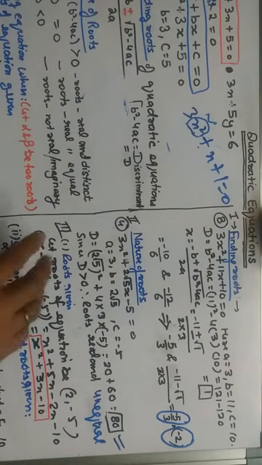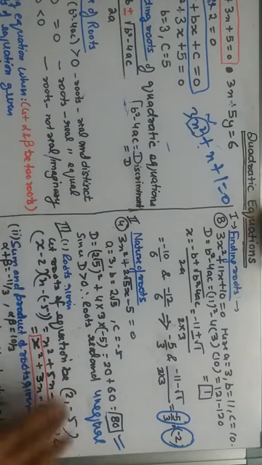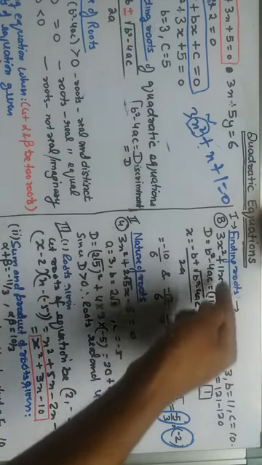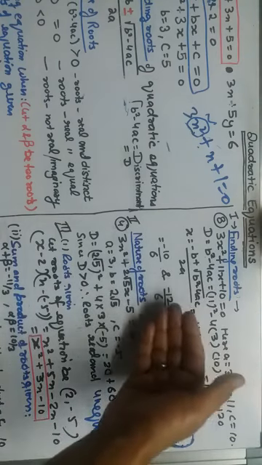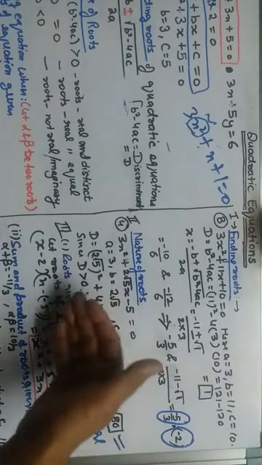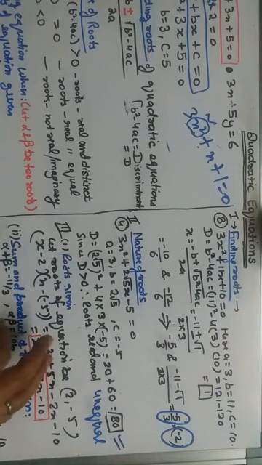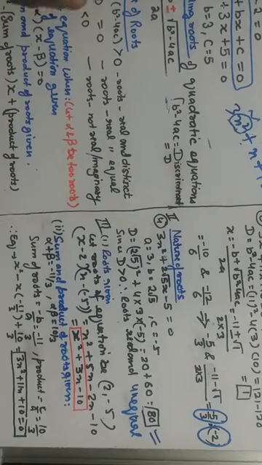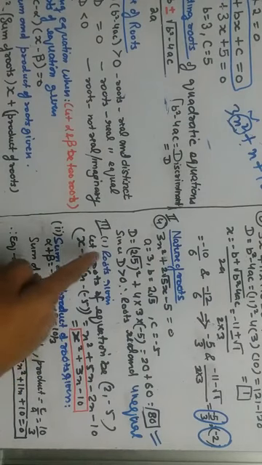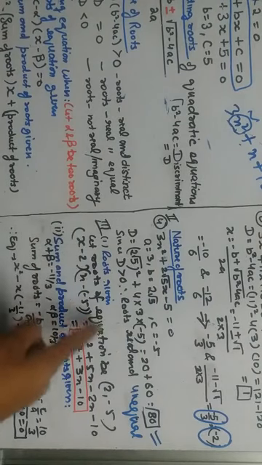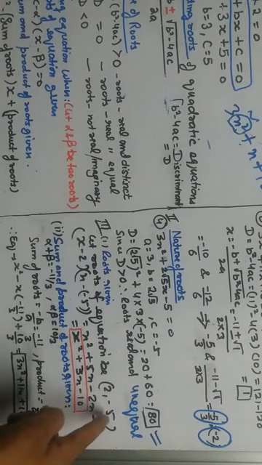So the third part, we are going to take out the equation. In the first case, the equation was given and we had to find the roots. In the second, the equation is given and we have to find the nature. In this case, the roots are given and we have to find the equation. So when roots are given, let the roots of the equation be 2 and minus 5.